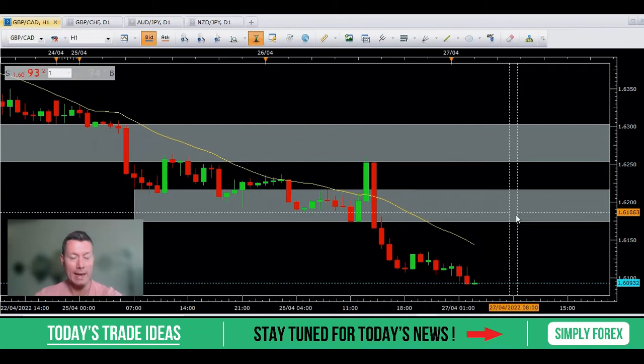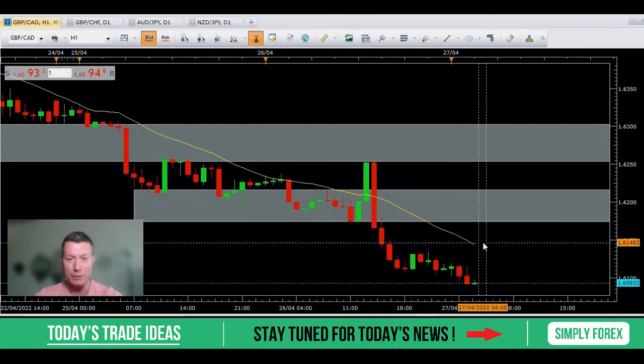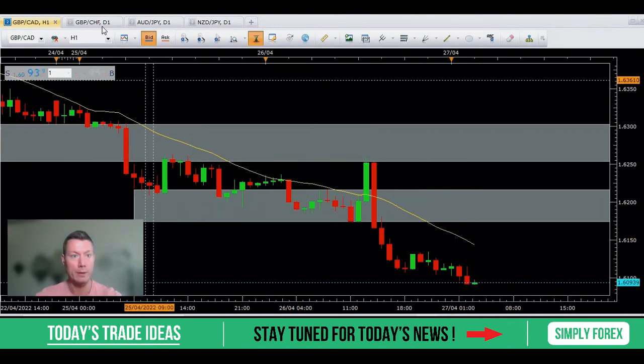Because the daily candle is so bearish, you might even just get a bearish candlestick pattern form at the moving average 20. This could also be a trigger to enter again, but same rules apply. 80% to here, leave 20% to run. So pound Canadian dollar, we're looking to short this market.